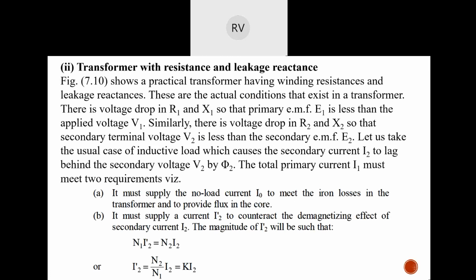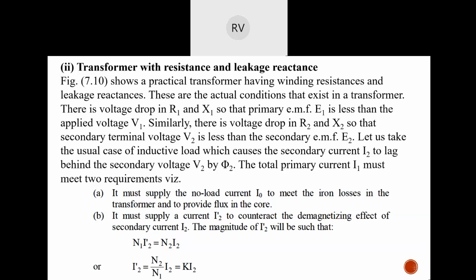Similarly, there will be a voltage drop in R2 and X2, so that the secondary terminal voltage is less than the secondary EMF. Here also we are going to take the inductive load such that I2 is lagging behind the secondary voltage V2 by phi 2.